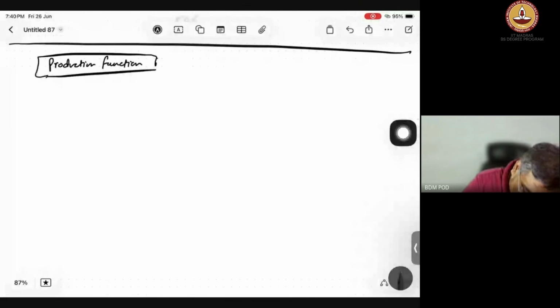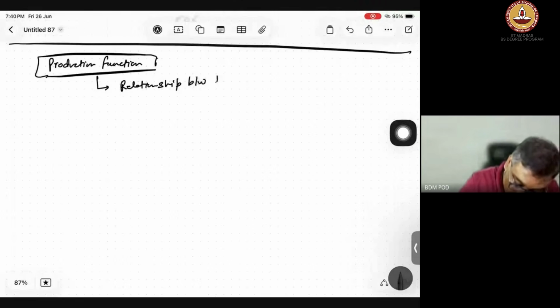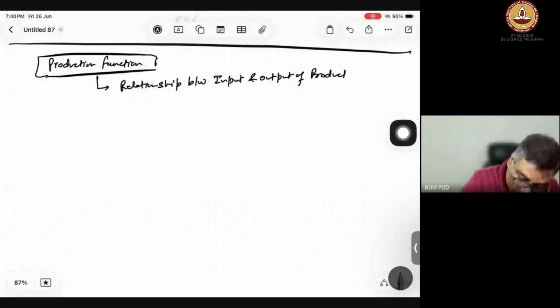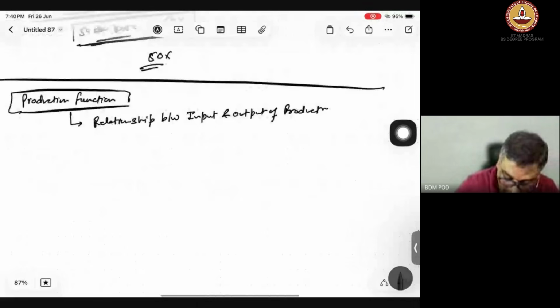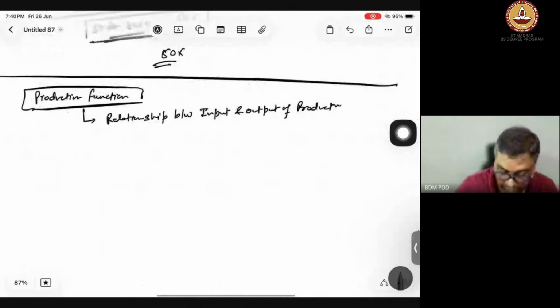So production function means the relationship between your input and output of production, right? So this is called a production function.